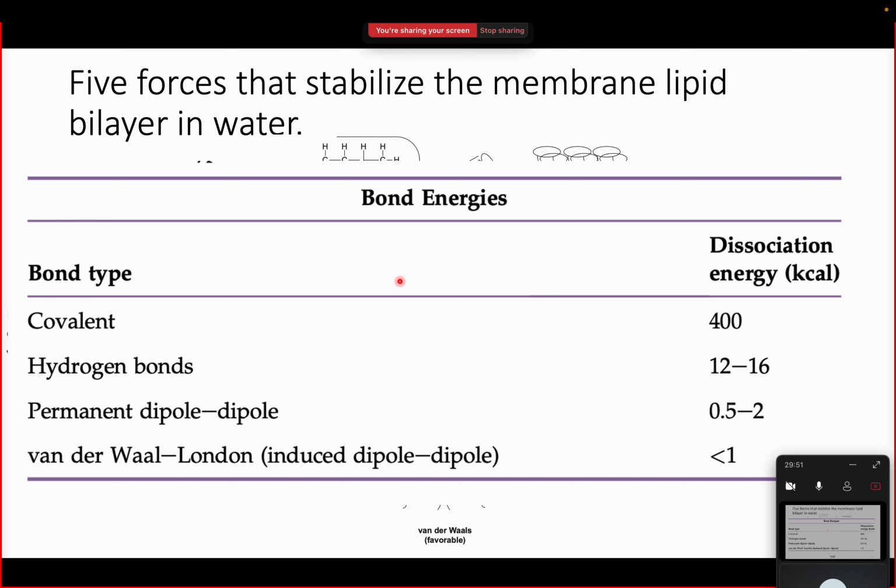Even if a covalent bond is present, one can argue that the system can provide the energy for the covalent bond to be broken, and hence the fluidic property of the membrane can be retained. But if we look at the energies associated with the covalent bond, you can clearly see that it requires 400 kilocalories of energy to break one covalent bond.